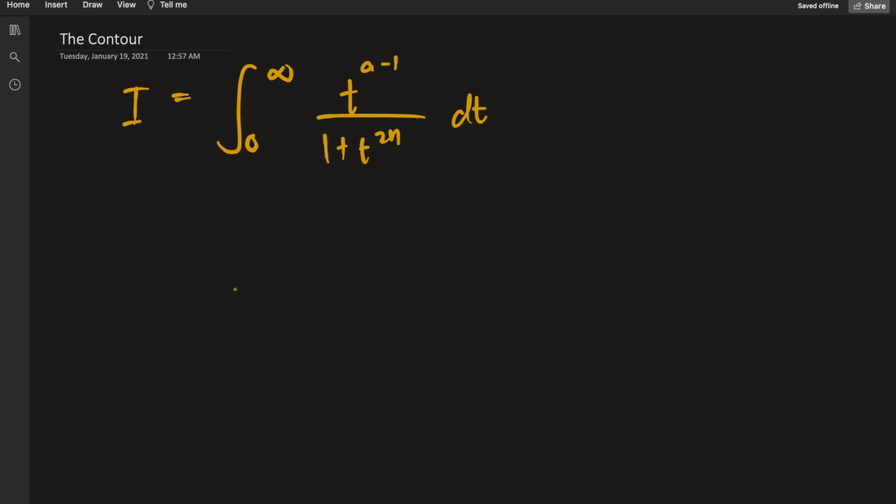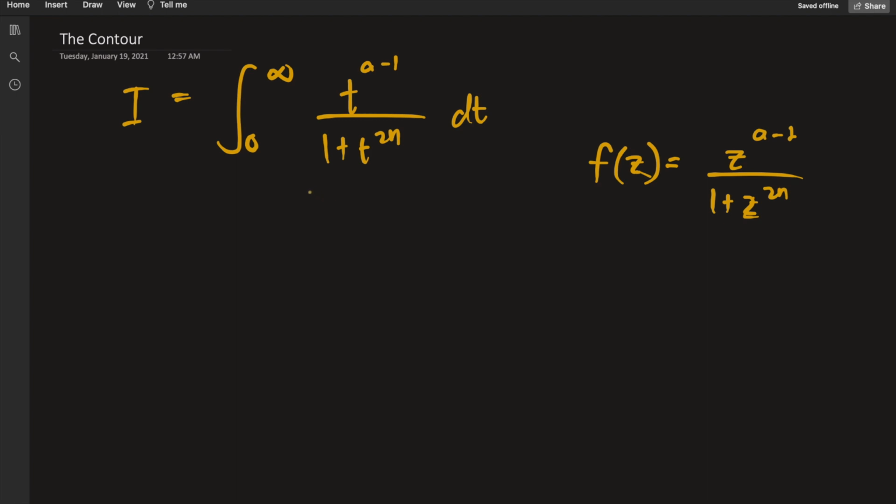Okay, and now I would like to do this by complex analysis, so we need to define a complex function f of z, which I will define to be z to the a minus 1 over 1 plus z to the 2n, which is essentially the same thing, except I'm using a complex variable z in place of t or x or anything else.